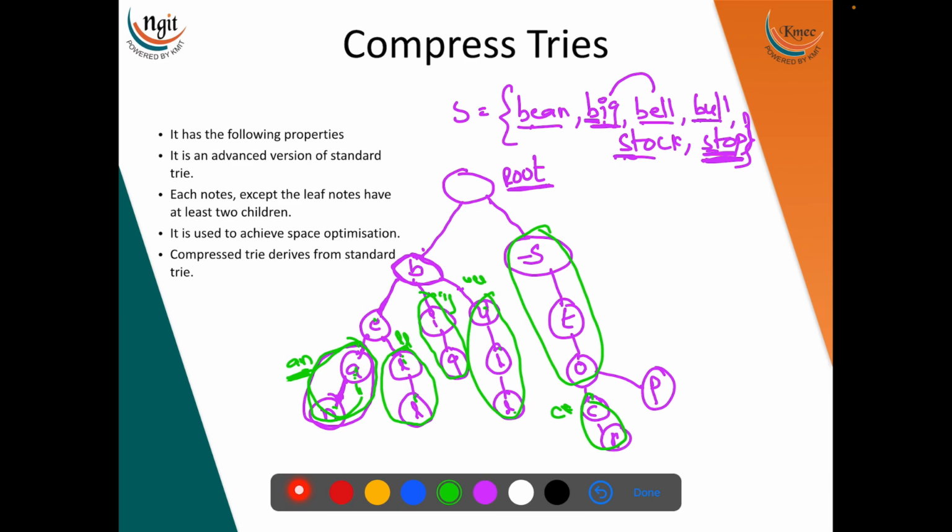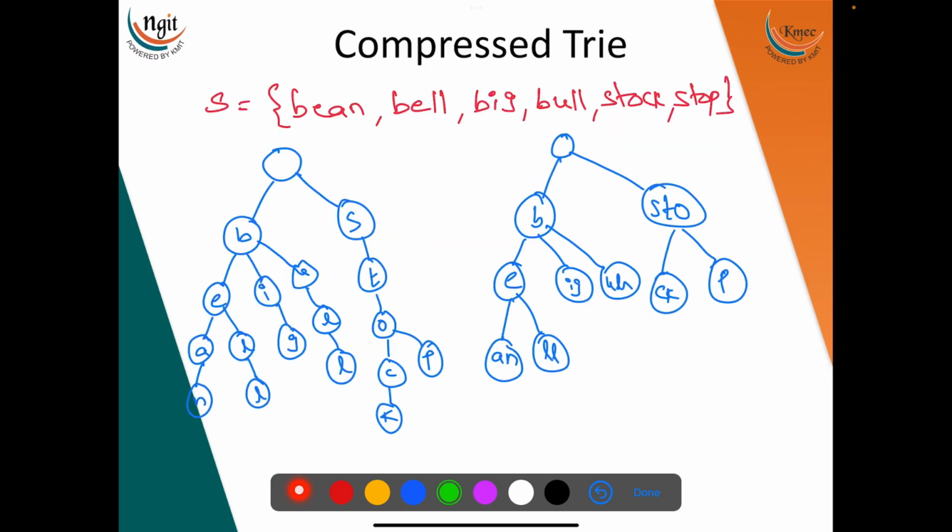Now we will construct the compressed trie from the standard trie. In a compressed trie, instead of constructing a node for each letter, if we can compress some of the nodes, the tree height is reduced and the searching process is also minimized. Now let's see the compressed trie. This is the standard trie and this is the compressed trie. So AN has been combined, LL, IG, ULL, STO, CK.